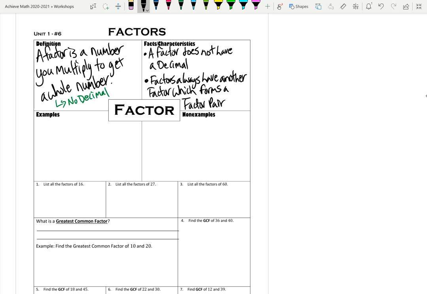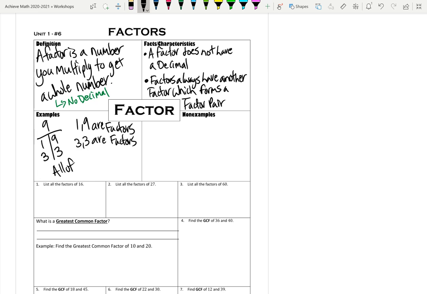So let's look at some examples of factors. Let's talk about 9. 9 has factors of 1 and 9, and 3 and 3. 1 and 9 are factors. 3 and 3 are factors.